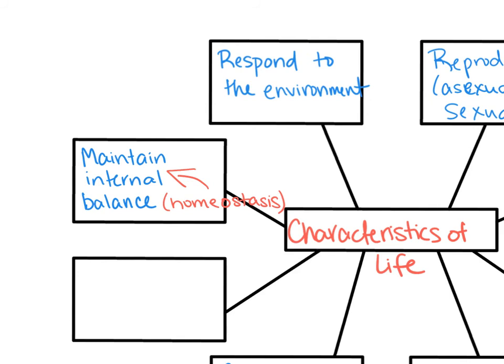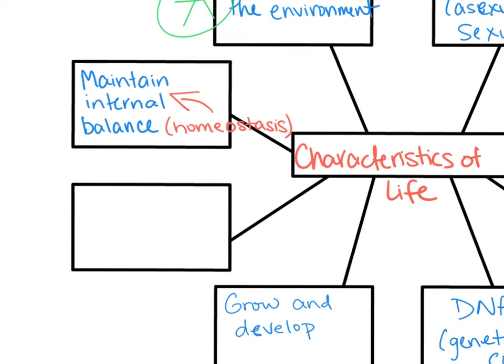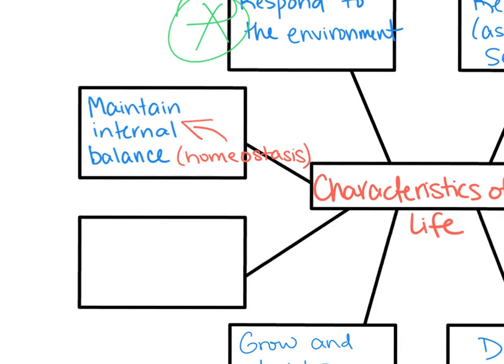I want to point out a distinction between this respond to the environment characteristic and the next one. Responding to your environment is an individual response. You as an individual can sweat, you can shiver, you can get thirsty and need to drink water to maintain your water balance.